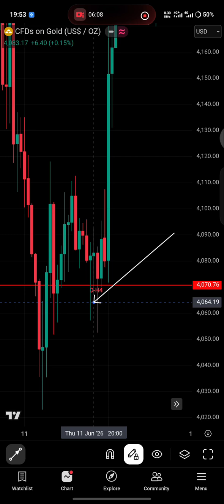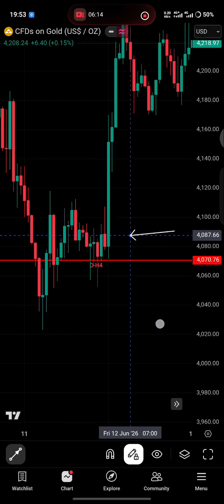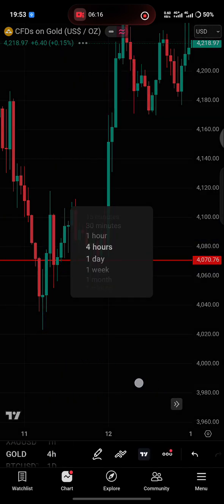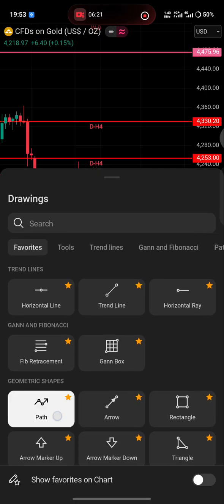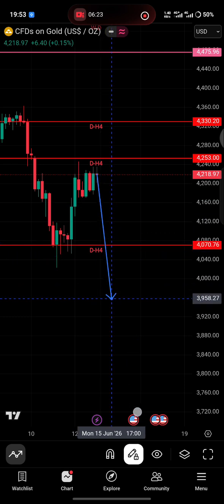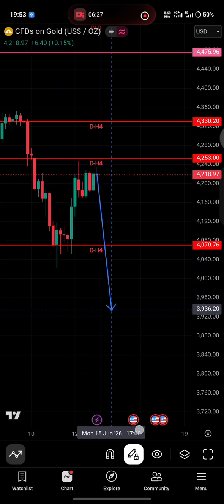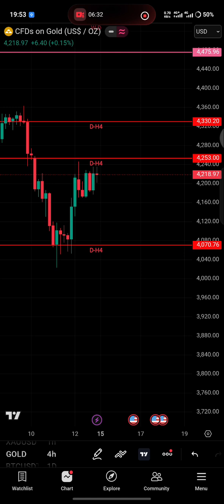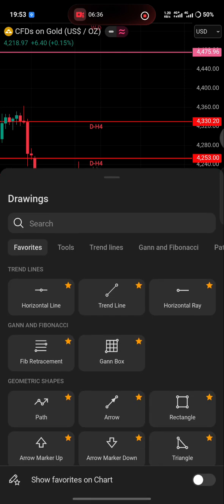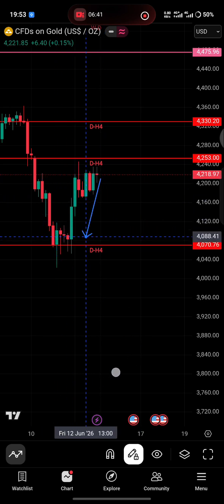So if the market really chose to dump down and attack all of this support, what is it going to do? It is going to create a new low, right? It is going to dump down by forming a new low before forming another reversal. But if the chart is not going to create a new low, but is going to expand from here, the chart will only dump while not attacking support.